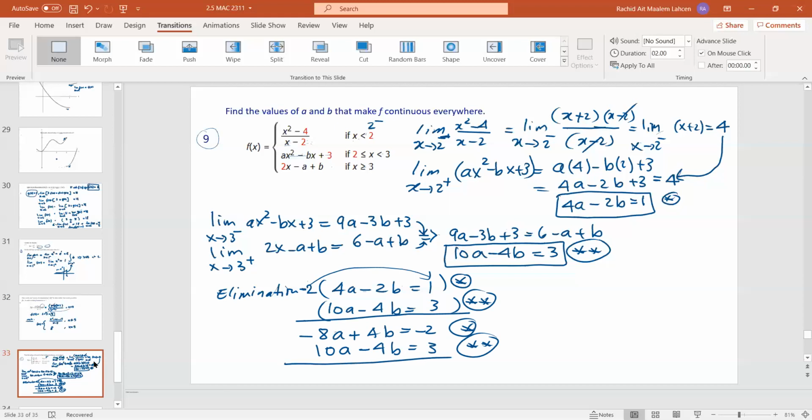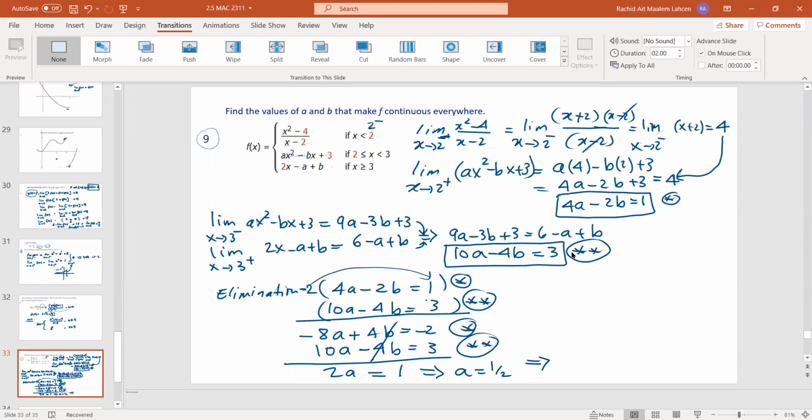Negative 8a plus 10a is 2a, and the b's cancel out. Adding the right sides, negative 2 plus 3 is 1. So a is half.